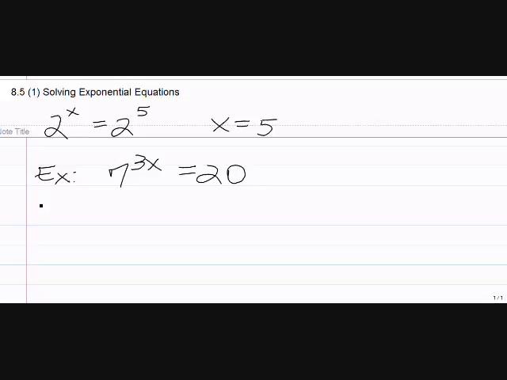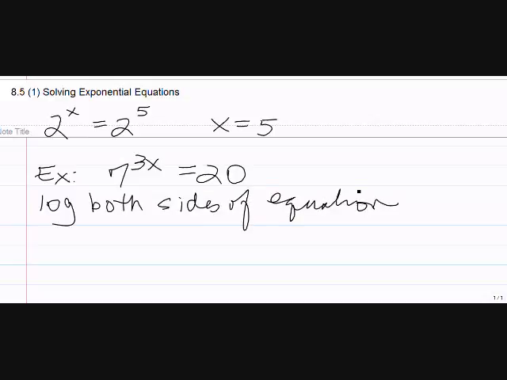Essentially, I log base 10 both sides of this equation. So this equation becomes the log base 10 of 7 to the 3x equals log base 10 of 20. Remember, I don't write the little 10.